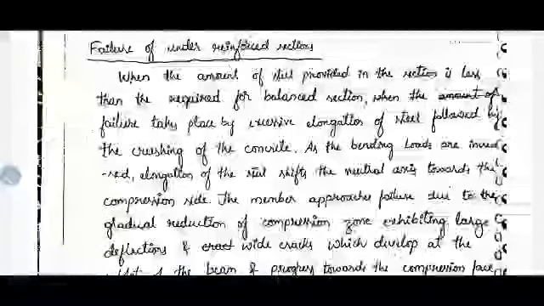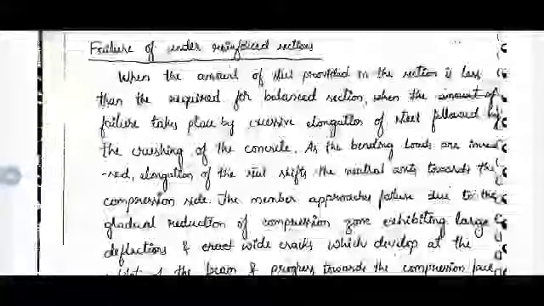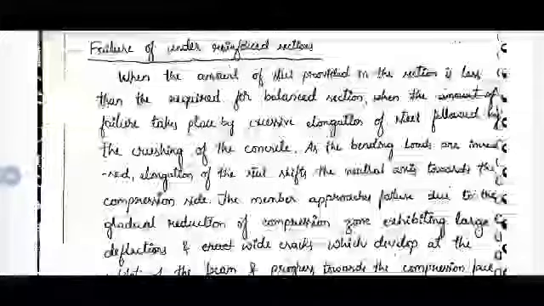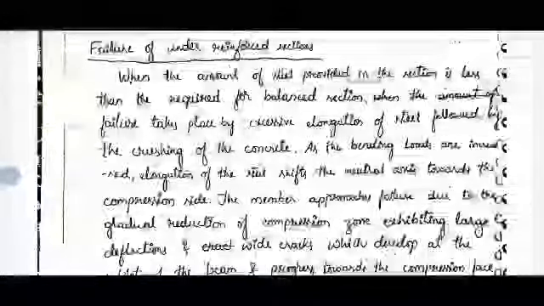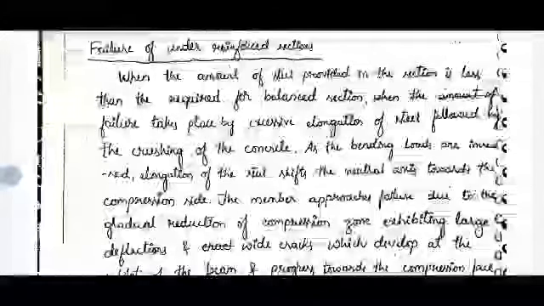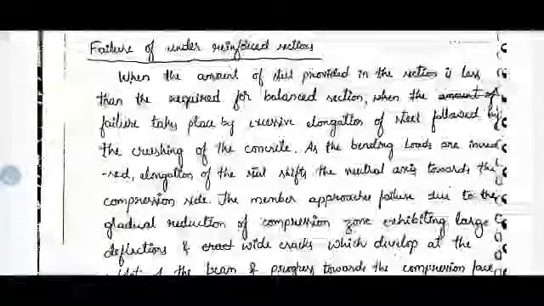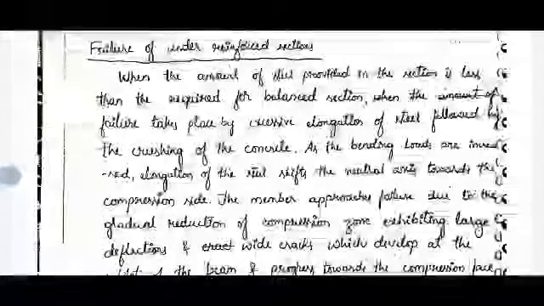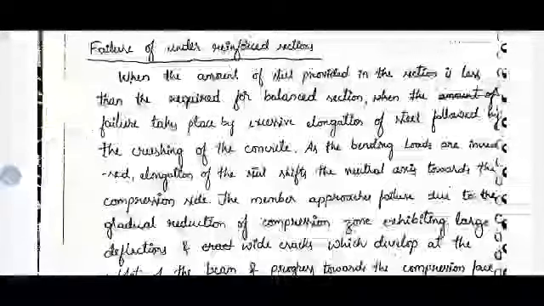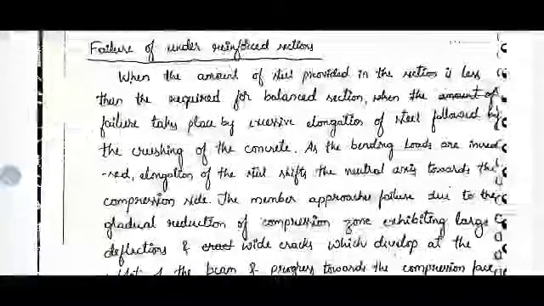For example, 0.2% means we need to give around 2000 mm square of steel, but as per the analysis we get around 1500 mm square. That 1500 mm square is enough to carry the loads, but as per the guidelines we need to provide 2000 mm square. If you provide 1500 mm square, that will become an under reinforced section.